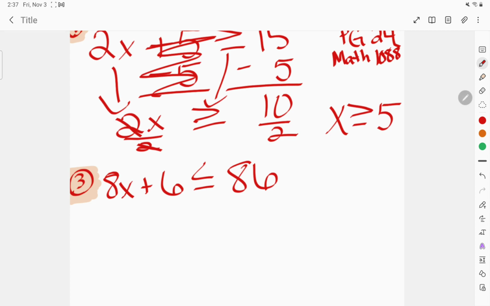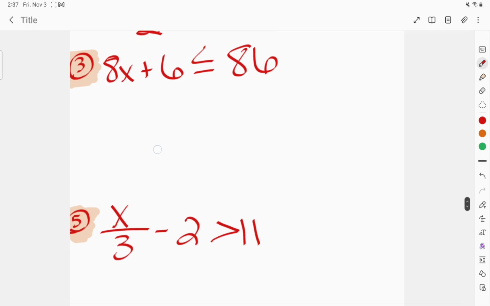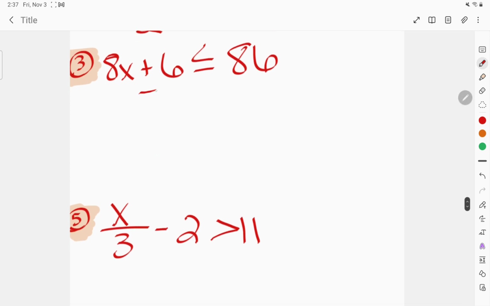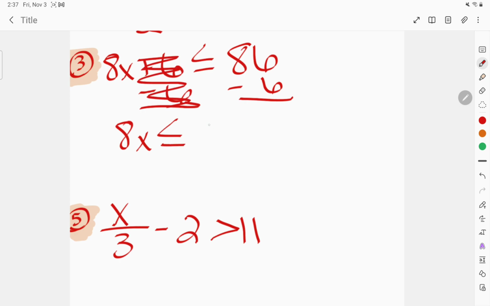All right, so number 3 is 8x plus 6 is less than or equal to 86. So my first step is to move the 6, and I do that by subtraction. 8x is less than or equal to 86 minus 6 is 80.